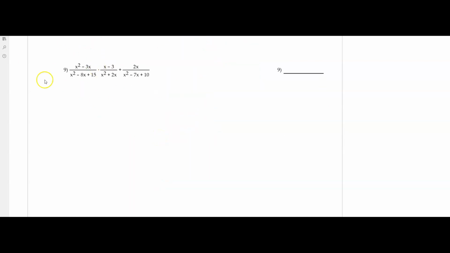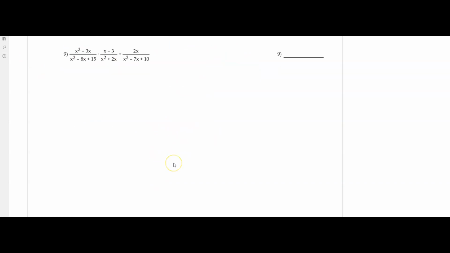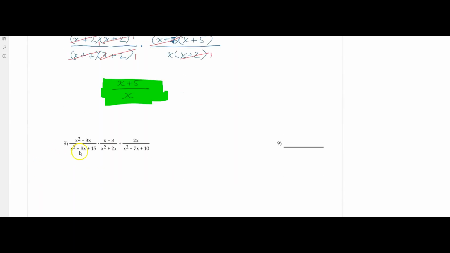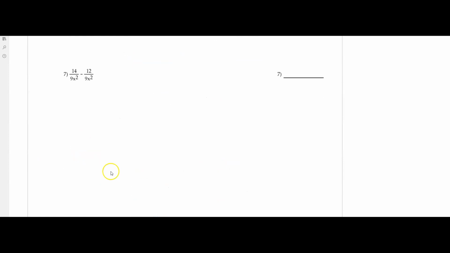So I don't need to do this one because I just demonstrated that. Let's do some adding and subtracting. I'm going to do the one that we skipped earlier, this one here.